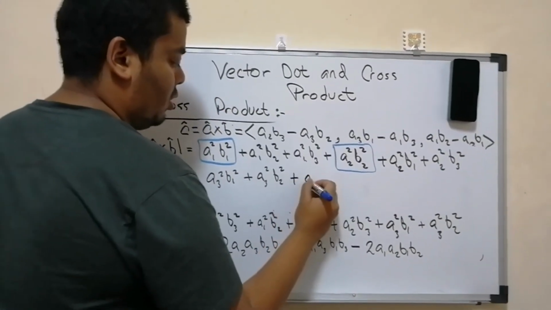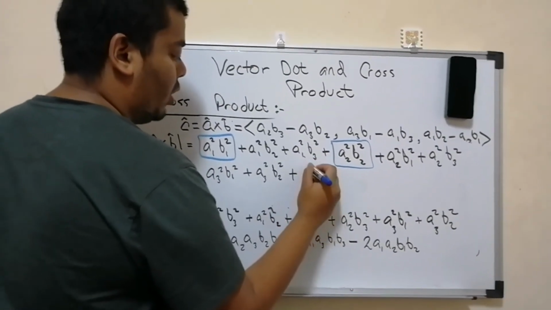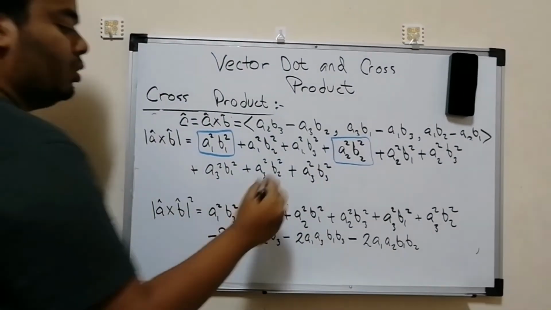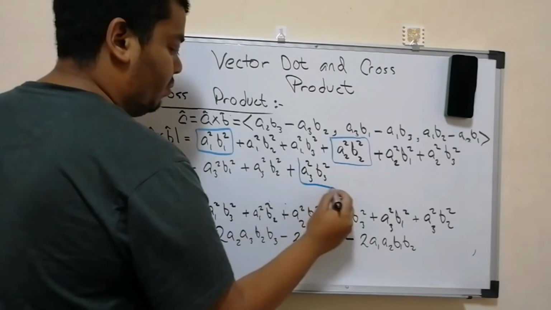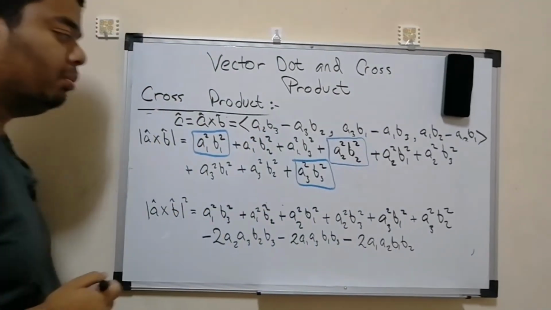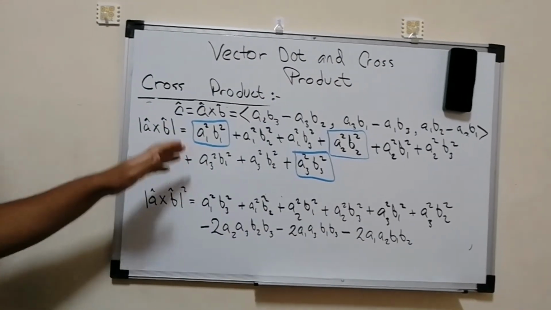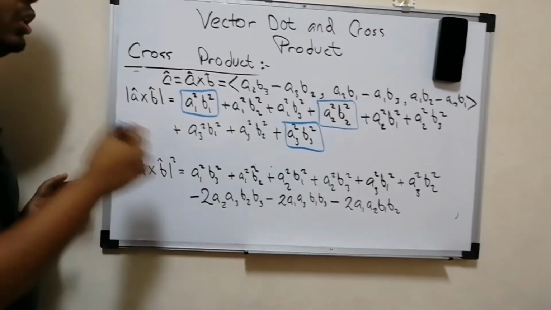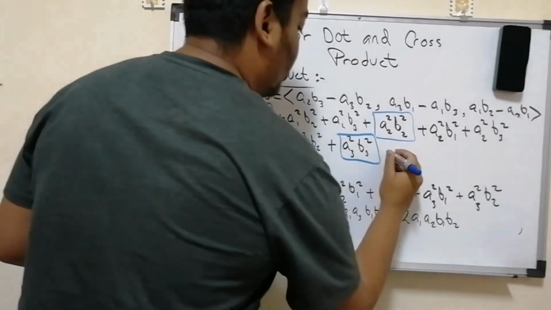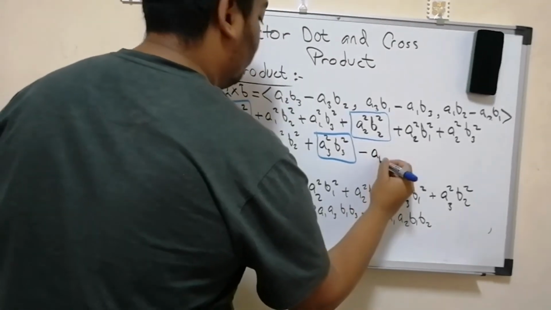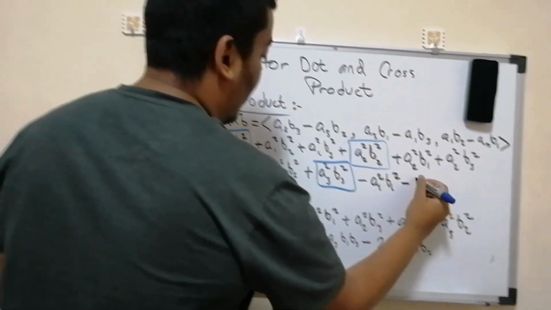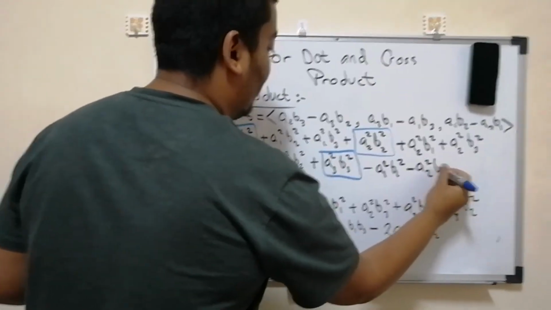Another term I will introduce is plus A3 square B3 square. I'll highlight it in blue. So whatever terms I've highlighted are the new terms I've introduced. Let me subtract them so that I don't change the equation. Always remember, when you're proving something, you can add and subtract terms, but you can never change the equation.